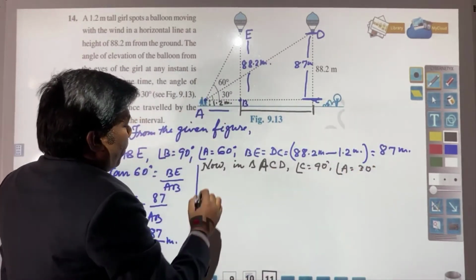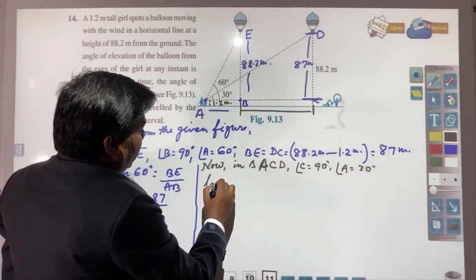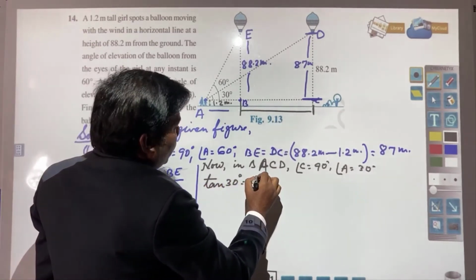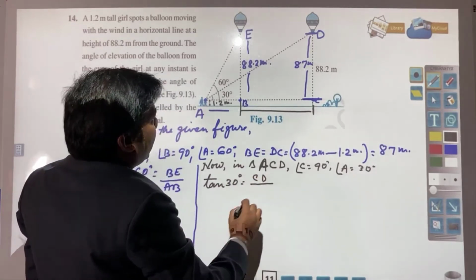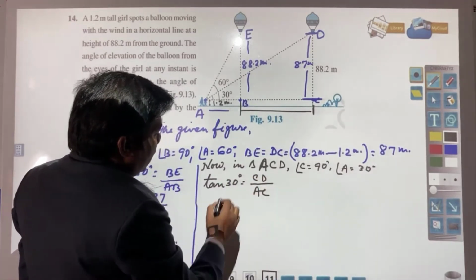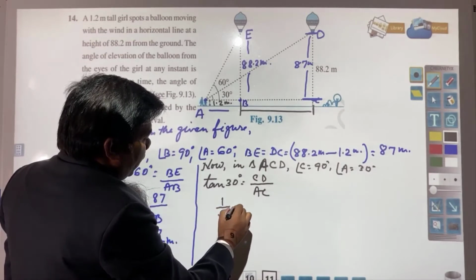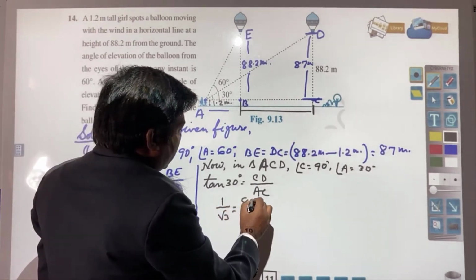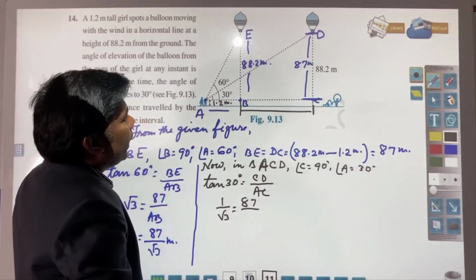So tan 30 degrees is equal to CD divided by AC. Tan 30 we know is 1 by root 3. CD is 87, divided by AC.